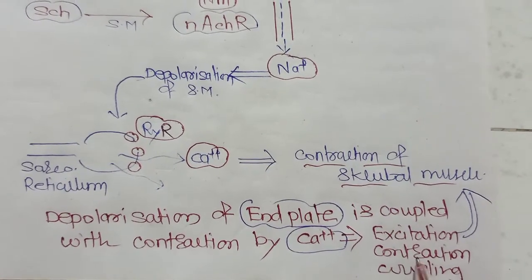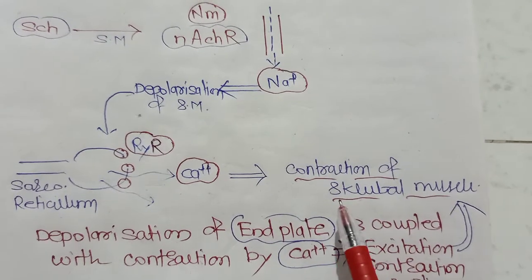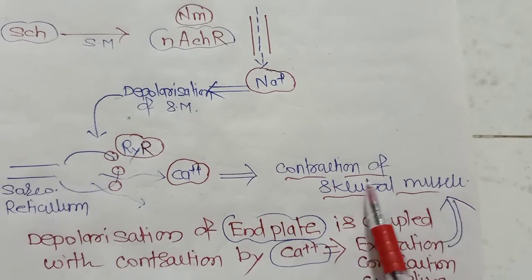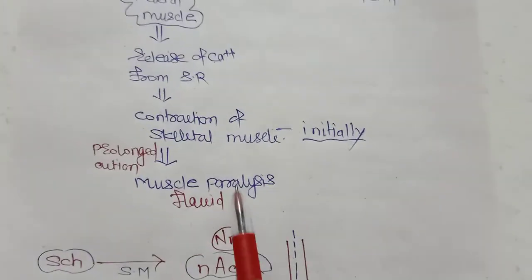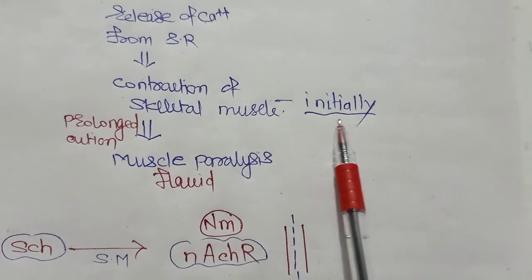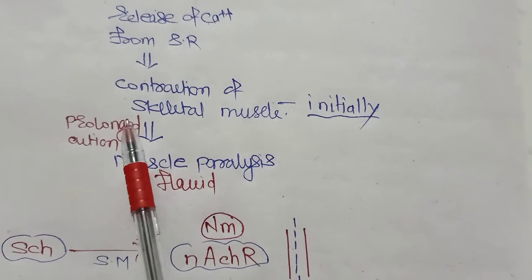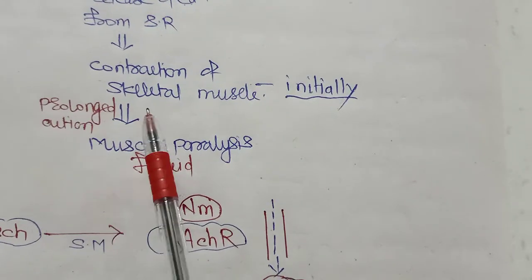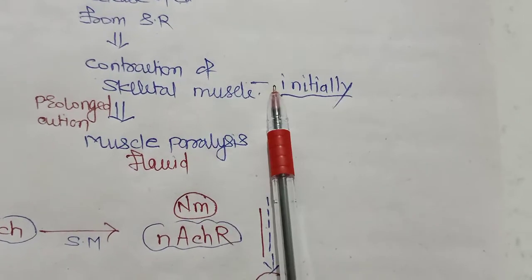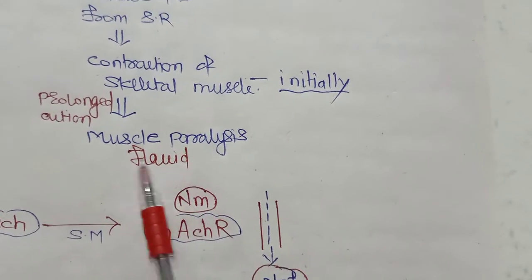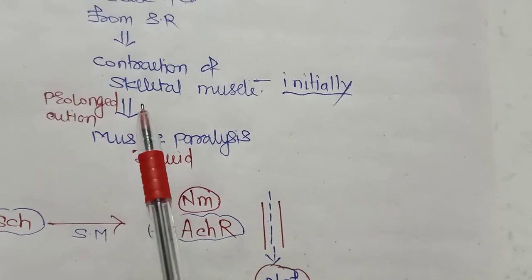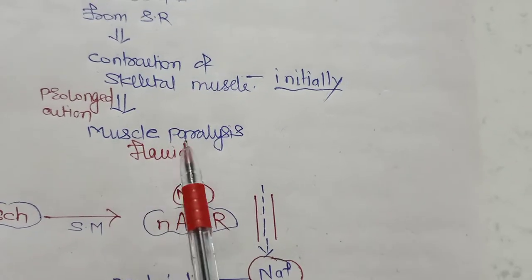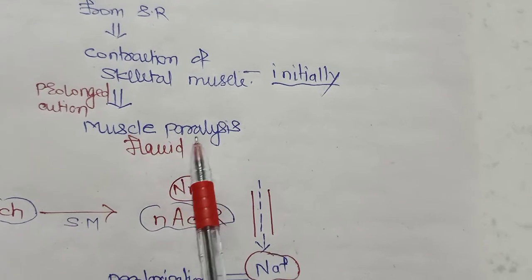When succinylcholine causes contraction of skeletal muscle initially, but because of its prolonged action, unlike acetylcholine, it causes flaccid muscle paralysis. The duration of action of succinylcholine is at least 5 minutes, so because of its prolonged action, it produces flaccid muscle paralysis.